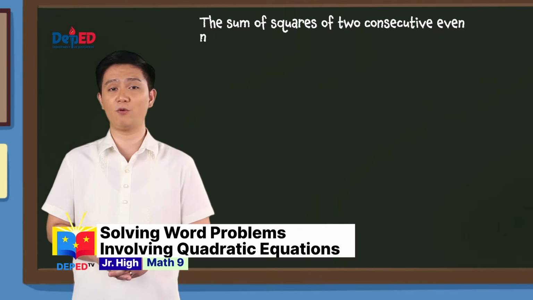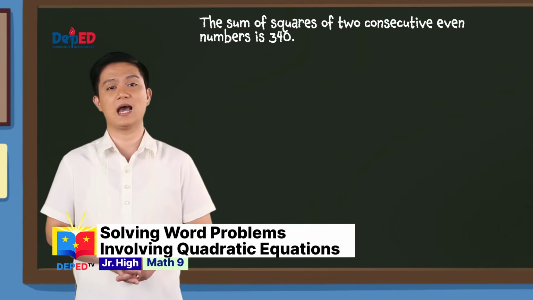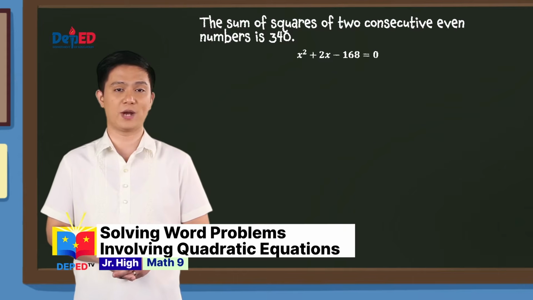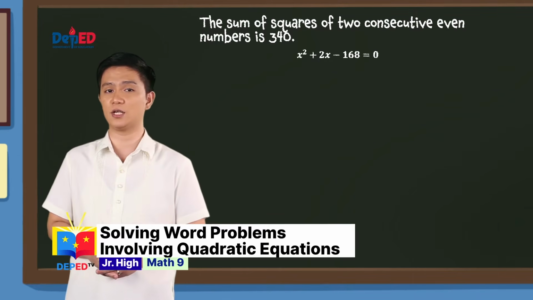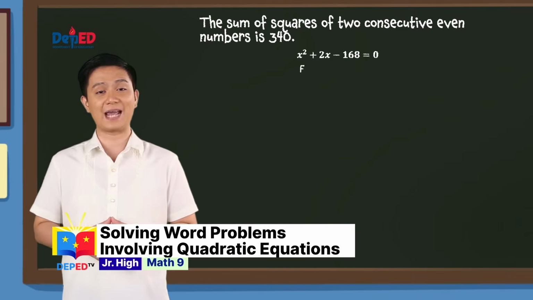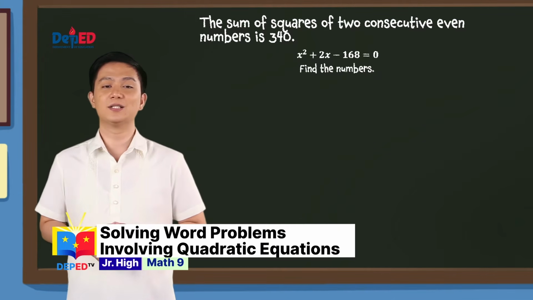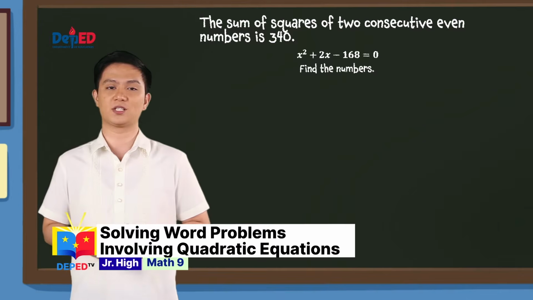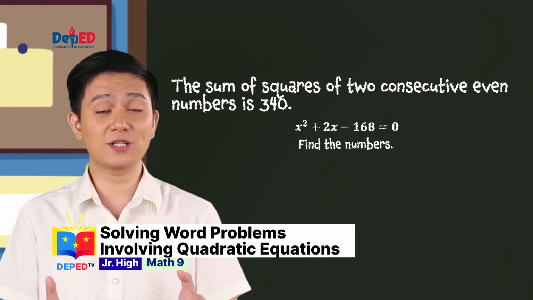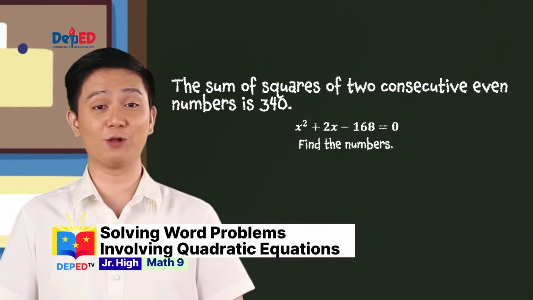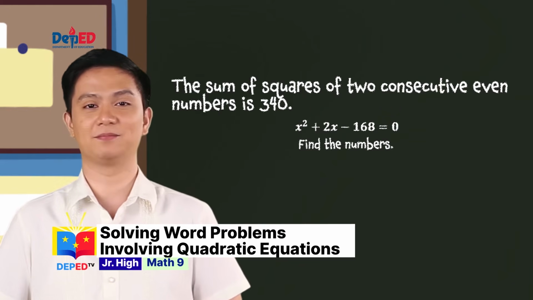Verbal sentence number 4, which is translated as x squared plus 2x minus 168 equals 0, could prompt us to find the numbers. Let's solve then the equation to determine what these numbers are. For 4 times in a row now, we would be solving the equation by factoring.